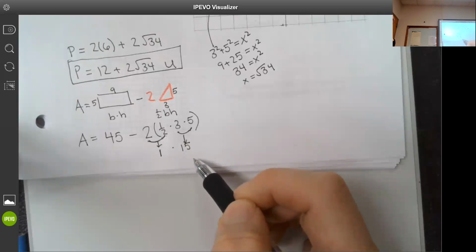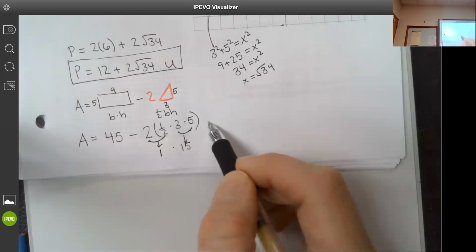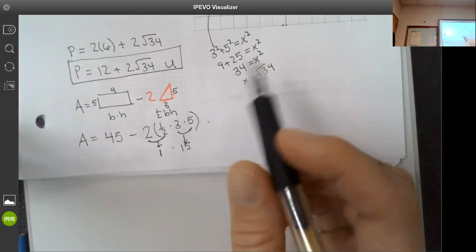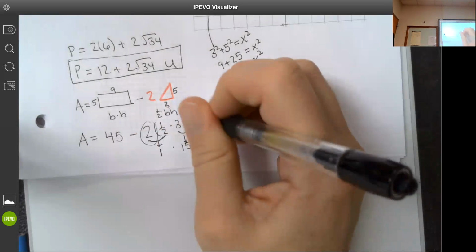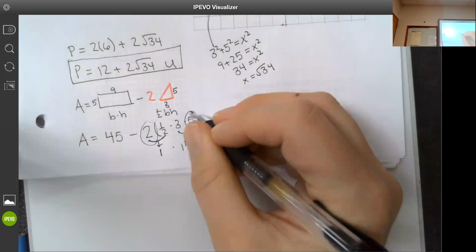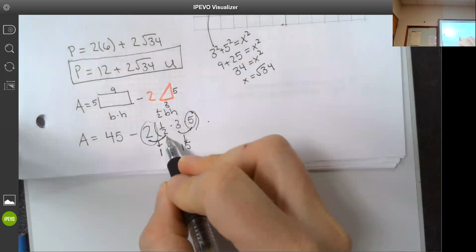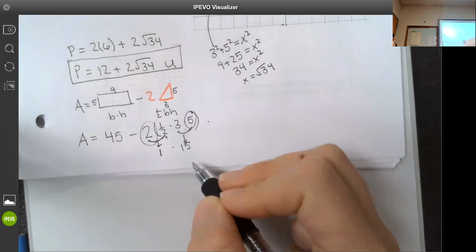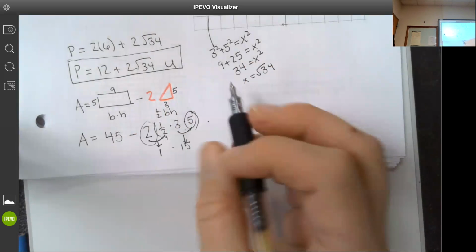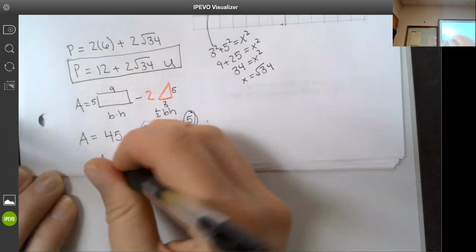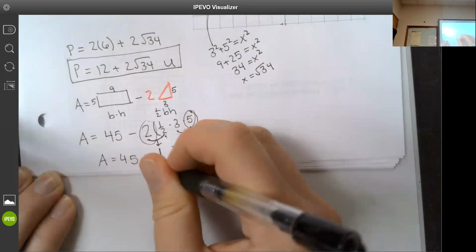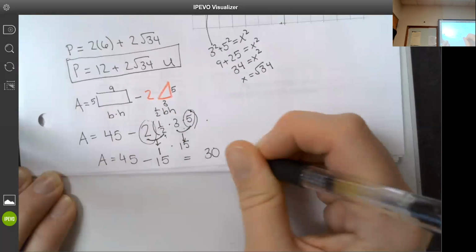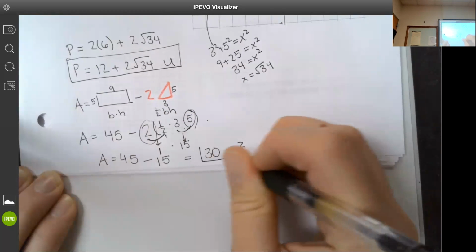It doesn't matter how you multiply these 4 numbers together, whatever works easiest for you, okay? Or I could have said 2 times 5 is 10, half of 10 is 5, now I've multiplied those, 3 times 5 is 15. However I multiply them together, it should sift out to 15. The area is 45, subtract 15, or 30 units squared.